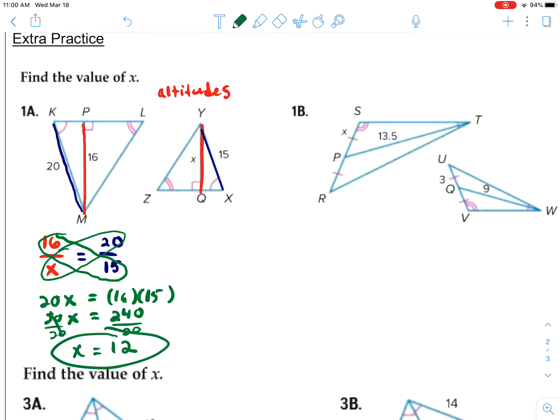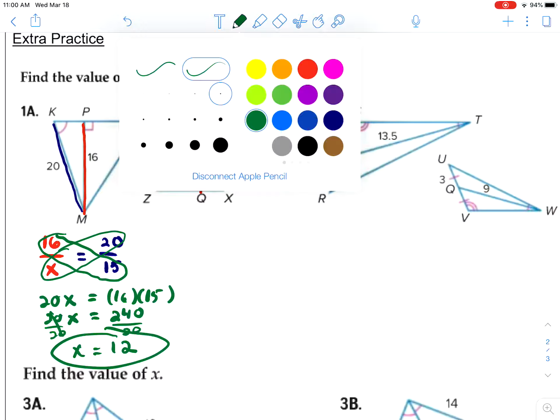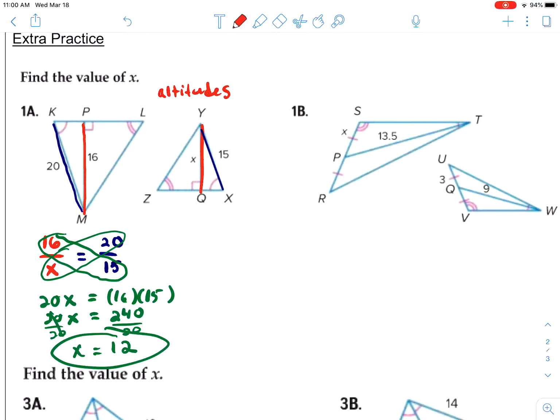All right, in the next one, we are looking at medians in this case, but the same rule applies. So let's look at the medians, and actually we're also looking at angle bisectors here too, I believe, the way it's marked, but it's more clearly a median.